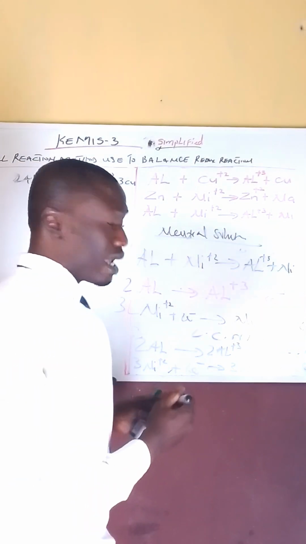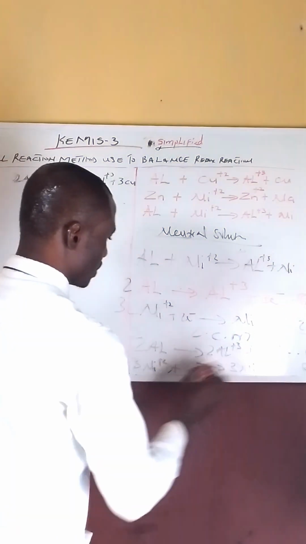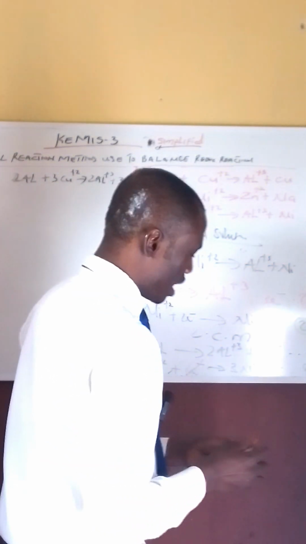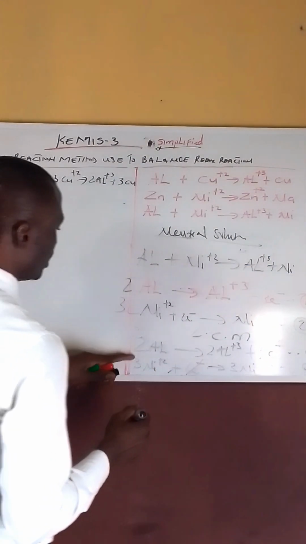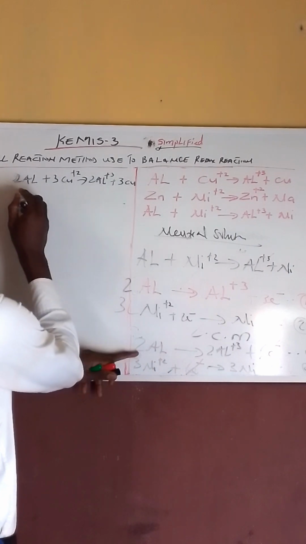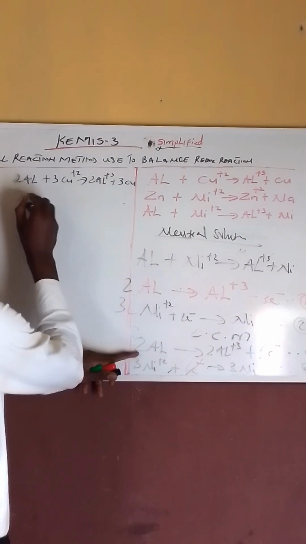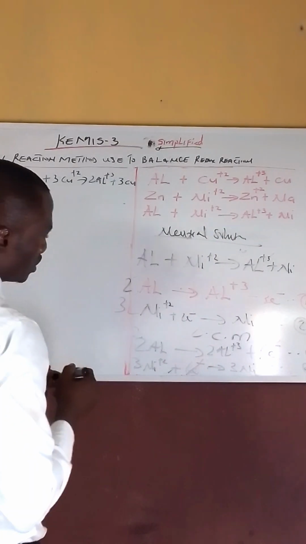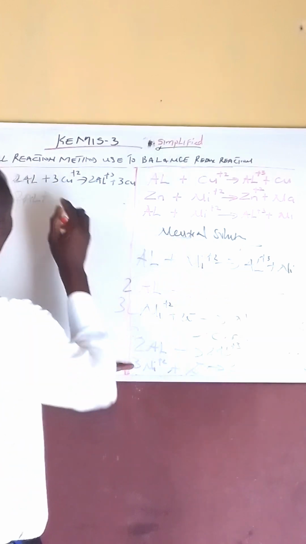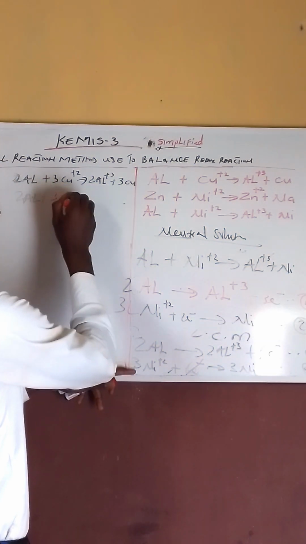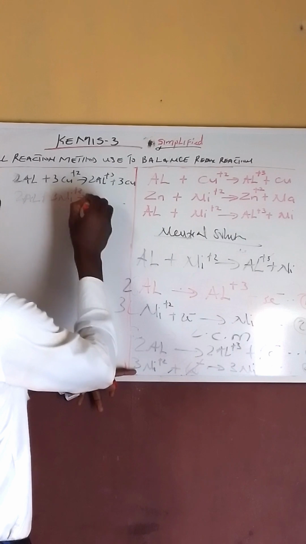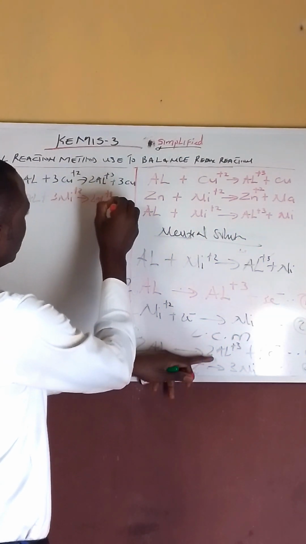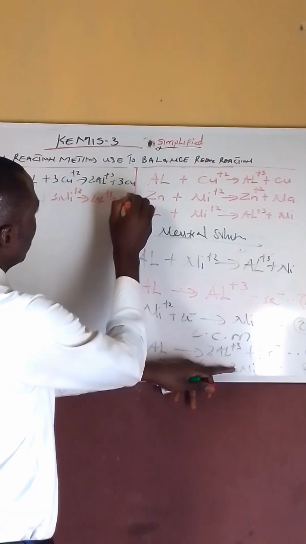Now, notice that the electrons, they are going to cancel. And then you write out what you have on the left side. So what I'm going to have for this equation will be the same 2 aluminium plus, let me use my red ink now, 3 nickel plus 2 gives me 2 aluminium plus 3 plus 3 nickel.